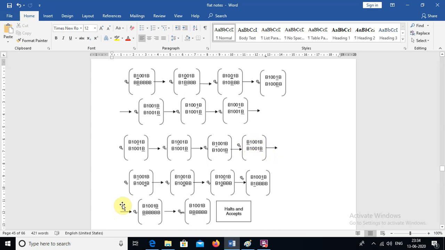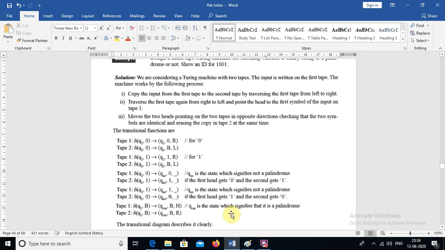Okay, right movement. So that's why we can change to a new state, from Q0 to Q1, Q1 to Q2, and finally we don't have any movement, but we reach the final state to indicate acceptance, so we use QS. There we can halt and accept. Okay, so this is an ID for 1001.